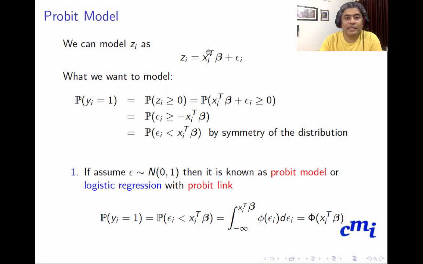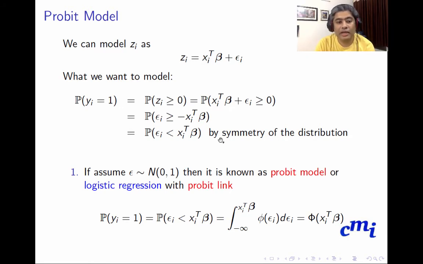Now what is zi? Zi is xi transpose beta plus epsilon i. That means probability of xi transpose beta plus epsilon i is greater than 0. Now I can write this as probability of epsilon i is greater than or equal to minus xi transpose beta, or I can simply write probability of epsilon i is less than xi transpose beta by the symmetry of the distribution.